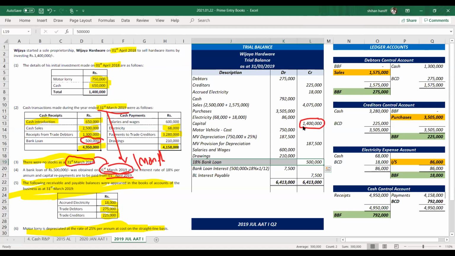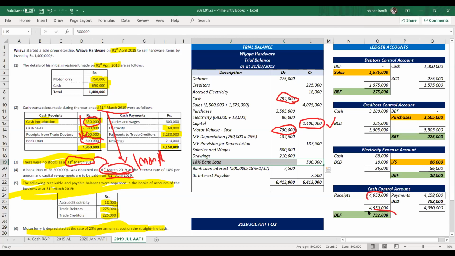So the double entry for the investment: capital account credit, motor vehicle account debit, and cash account already debited. This 792 includes this cash. This cash account is debited. In the cash account, there were more transactions.